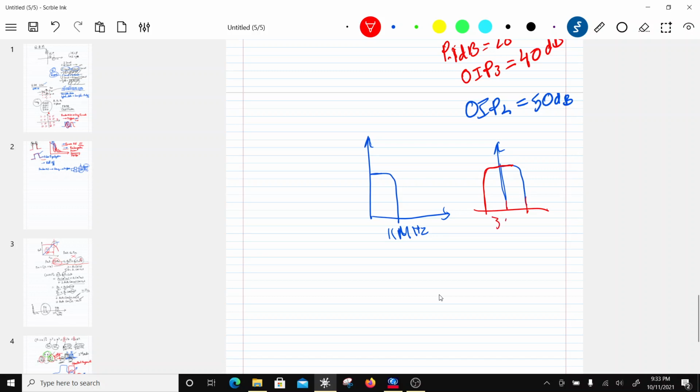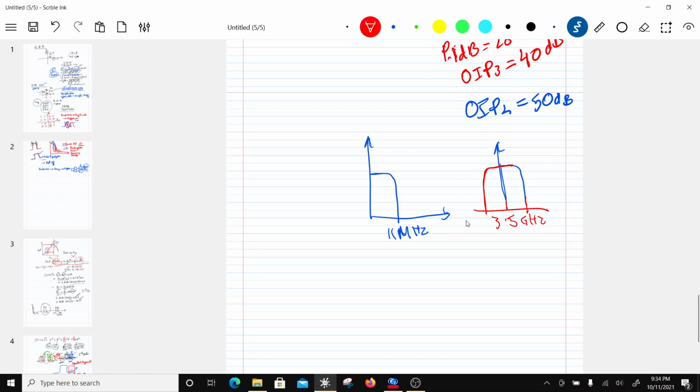This will be at 3.5 gigahertz. There is no way we are going to distinguish between the two in upconversion. Both sides would be there. It cannot be SSB, single sideband, because there's no way you can filter out the other components. There's no way you can suppress them, right? So you'll get both of them. If this is 11 megahertz bandwidth, then you are going to get 3.5 gigahertz plus 11 megahertz and 3.5 gigahertz minus 11 megahertz. So this is going to be symmetric.